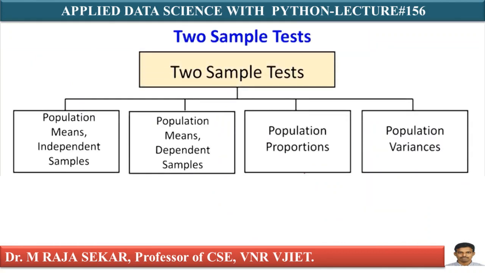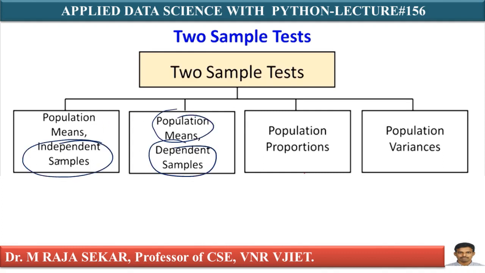This is the classification of different two sample tests, isn't it? One classification is population means with independent samples. The second is population means with dependent samples.